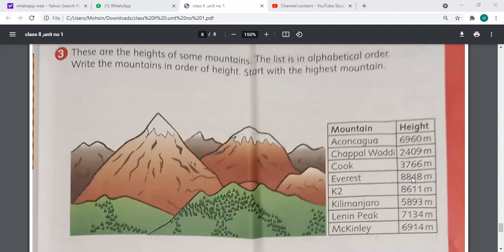In this one, Everest, the hundreds value is 8 and K2 is 600. So which one is bigger, 8 or 6? 8 is bigger. So I'm going to write 1 in front of Everest. Then write 2 in front of K2. So you can write them in an order like this.